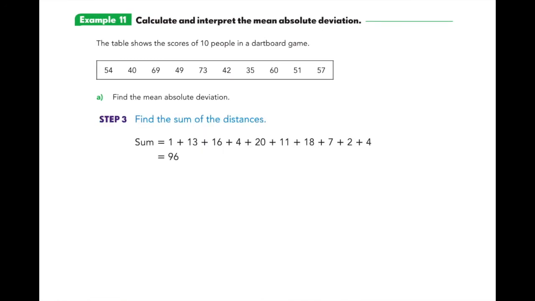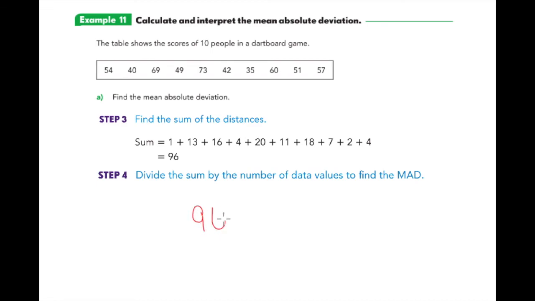Our third step is to find the sum of the distances. When we add up all of the distances, that gives us a sum of 96. After we find the sum of our distances, we take that sum and divide it by the total number of data values, and that will give us our mean absolute deviation. So our sum was 96.